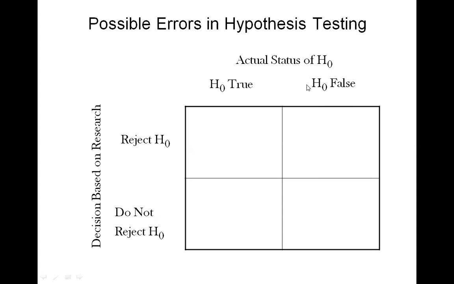If it is false, it cannot be true at the same time, either true or false. And then your decision based on your research is also binomial. You could reject the null hypothesis, or you could decide not to reject the null hypothesis.